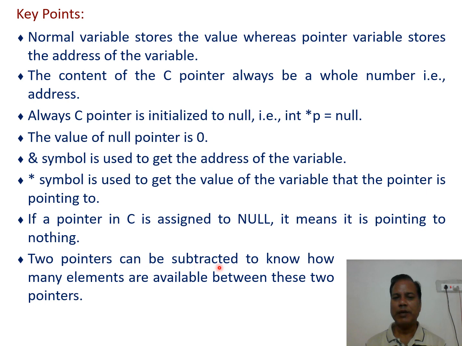Two pointers can be subtracted to know how many elements are available between these two pointers, because pointers store addresses. So between two address spaces, how many elements are stored is available with the subtraction of the pointers.